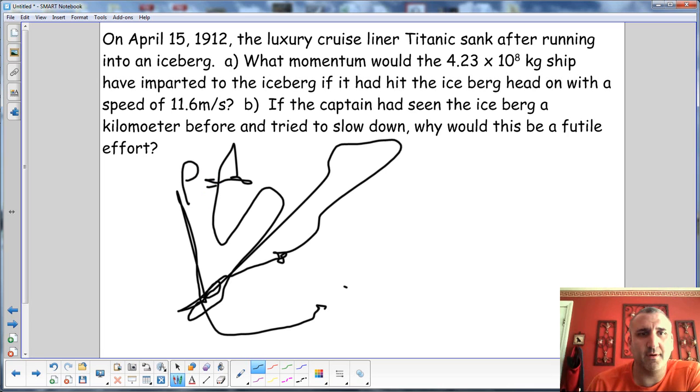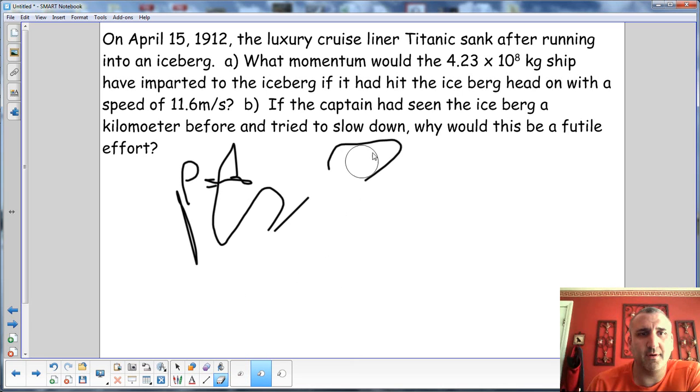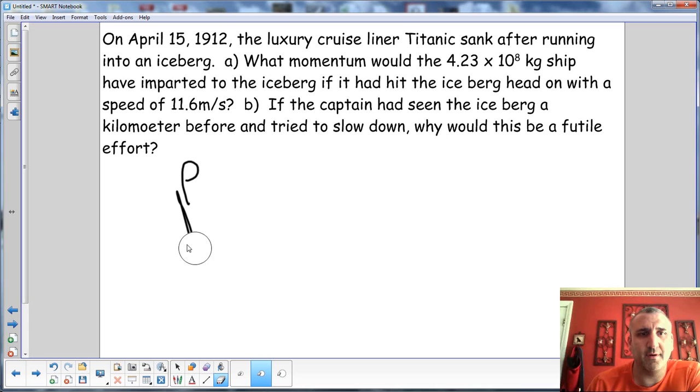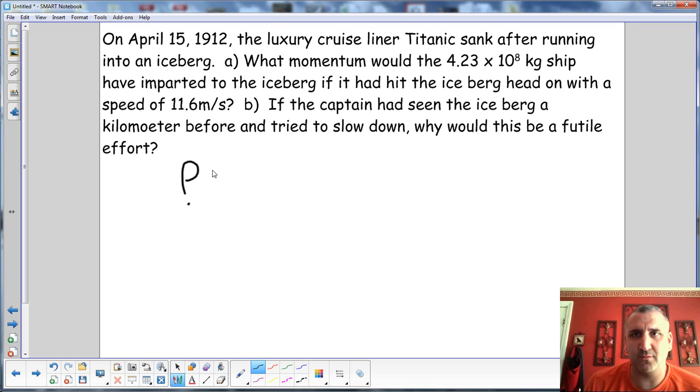But we're asking what the momentum imparted is, and we now know that momentum is something that just gets transferred from one thing to the next. So p equals mv. We know the mass of the Titanic is 4.23 times 10 to the 8th times the velocity, 11.6 meters per second.